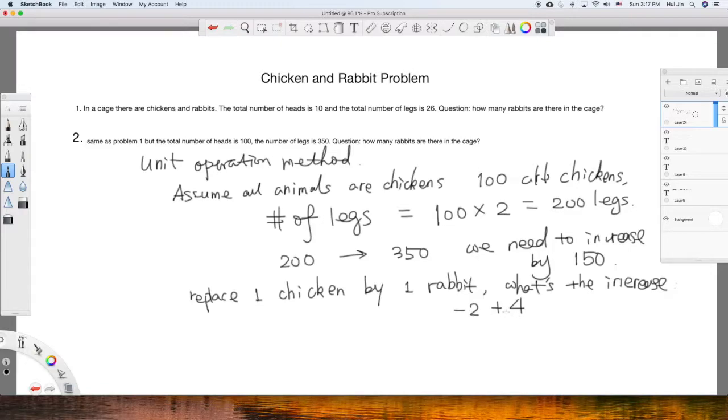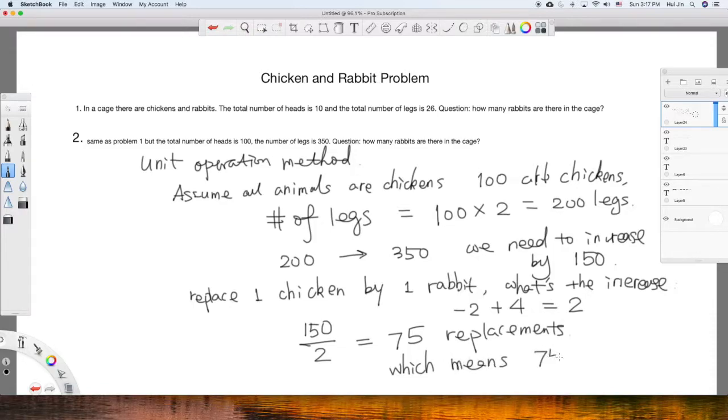Taking out the 2 legs plus 4 legs equals 2. So every replacement increases the number of legs by 2. So how many replacements do we need to do to get 150? Easy. 150 divided by 2 equals 75 replacements we need to do. Which means 75 rabbits.